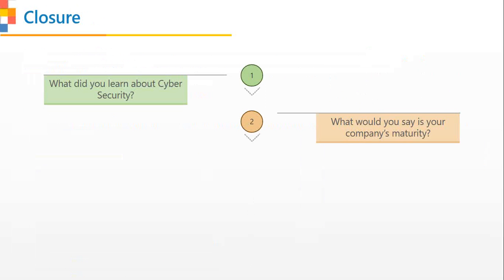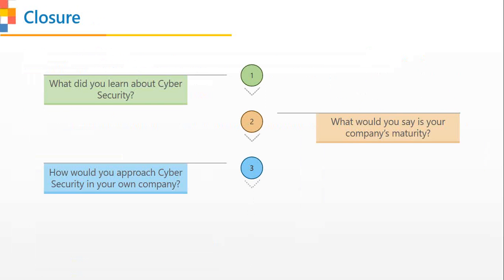So you have a basic sketch of your company's maturity level. You also get a lot of nice ideas on what your approach should be in implementing the cyber resilience policy in your own company.